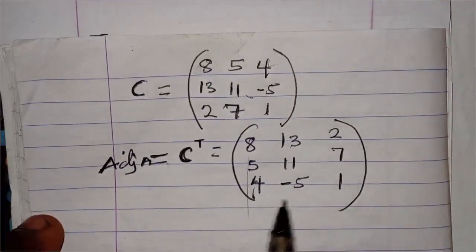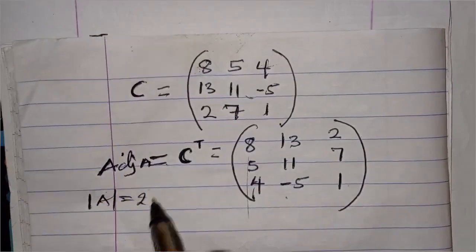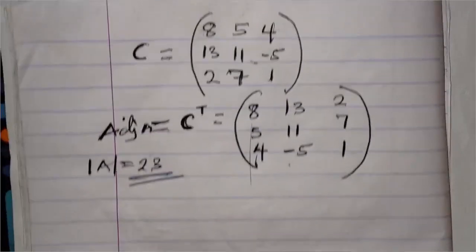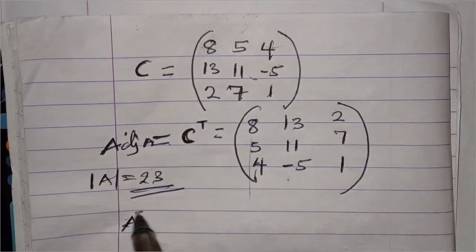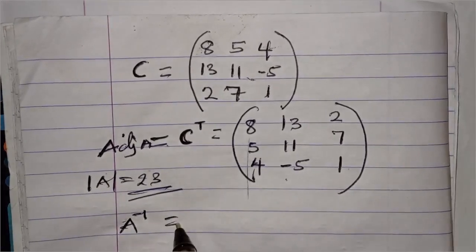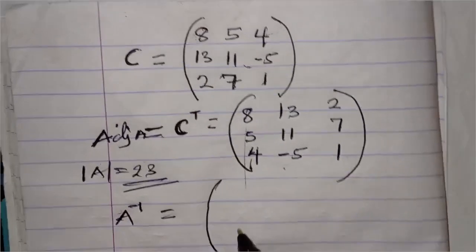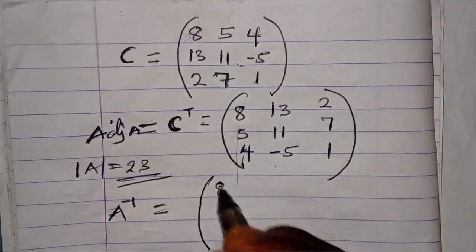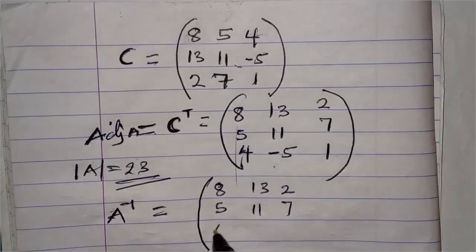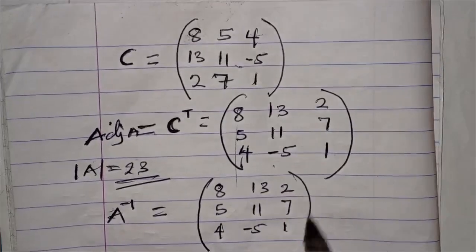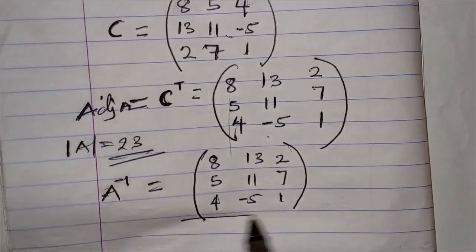The adjoint of the matrix is this, and the determinant is 23. That's what we got, 23. So therefore, the inverse of the matrix, that's A inverse, is the adjoint of the matrix divided by the determinant. This is the adjoint: 8, 13, 2, 5, 11, 7, 4, minus 5, 1, divided by the determinant, and that is 23, all over 23.